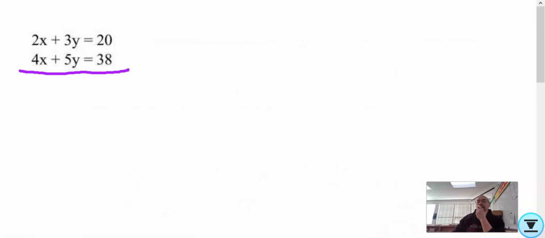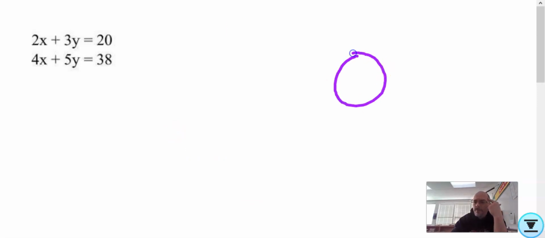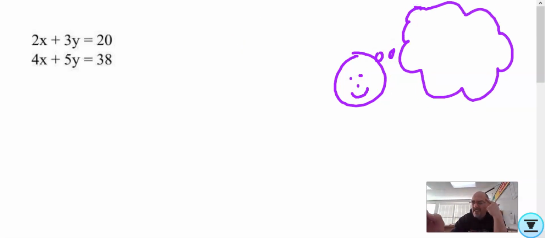Okay, well, let's see here, ladies and gentlemen. Now let's do a little bit of thinking here. Okay, my little think cloud. I'm thinking I've got a 2x and I've got a 4x.